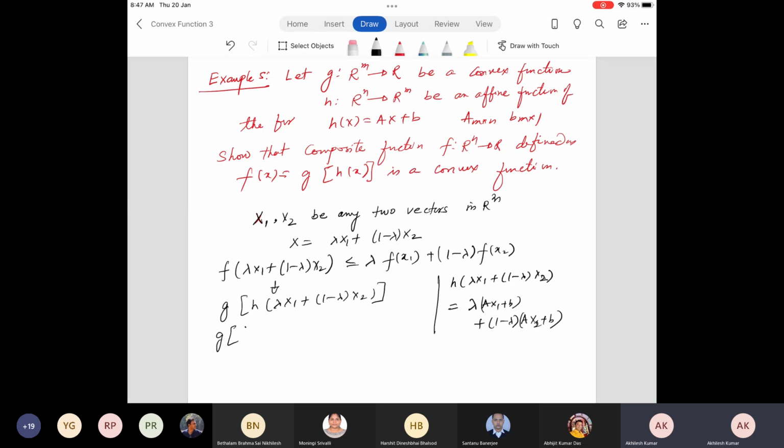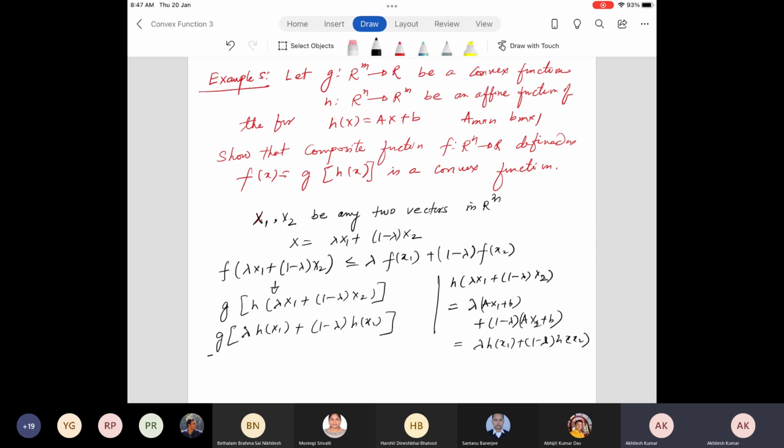We can simplify it a little bit. We don't need a x1 and a x2, I will use them later. We can simply say it is g of lambda h of x1 plus 1 minus lambda h of x2.